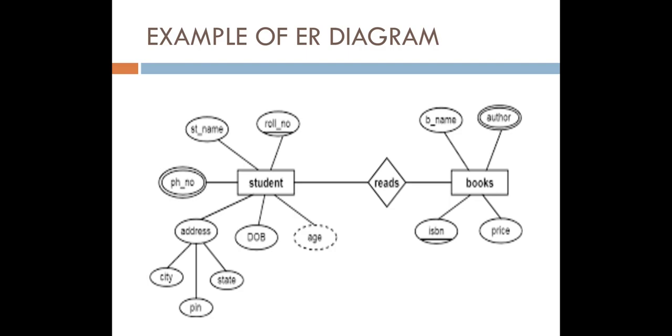So the ISBN is represented by the oval shape with the underline. Here author is taken as the multi-valued attribute, so it is represented by double oval shape because one book can have multiple authors. So author is one multi-valued attribute.